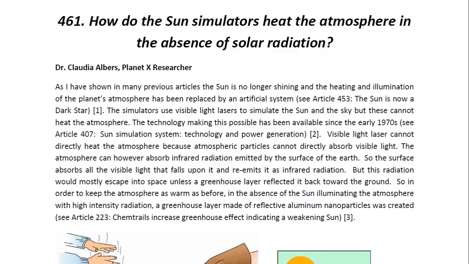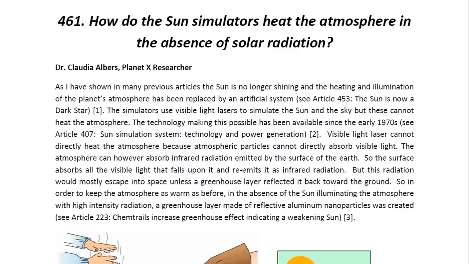Visible light lasers cannot directly heat the atmosphere because atmospheric particles cannot directly absorb visible light. The atmosphere can, however, absorb infrared radiation emitted by the surface of the Earth. So the surface absorbs all the visible light that falls upon it and re-emits it as infrared radiation. But this radiation would mostly escape into space unless a greenhouse layer reflected it back toward the ground.